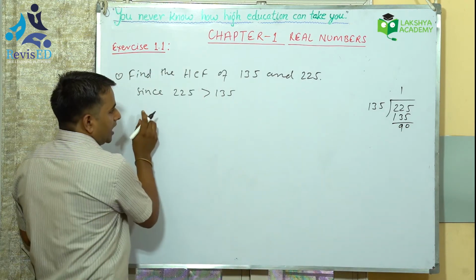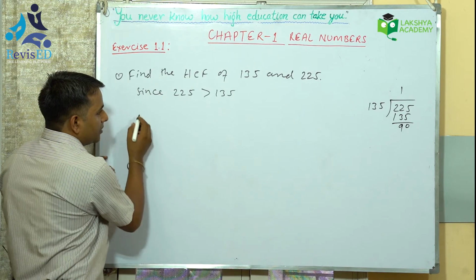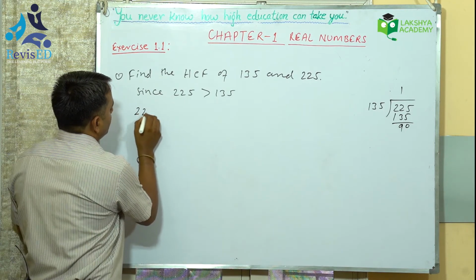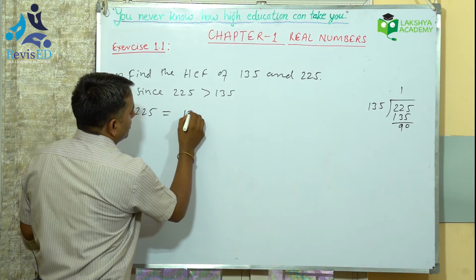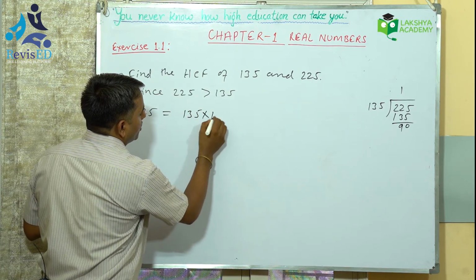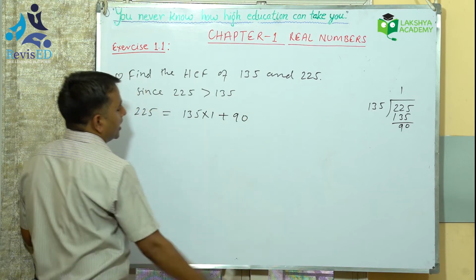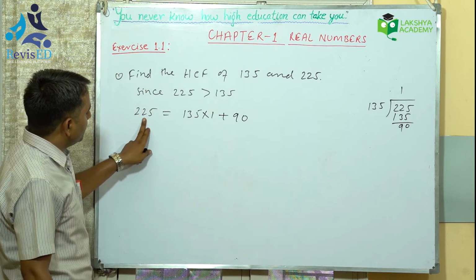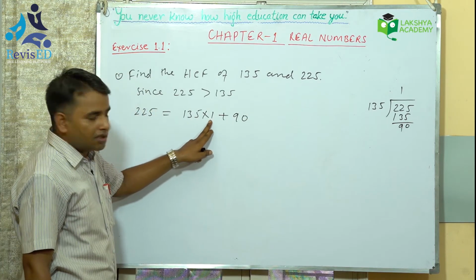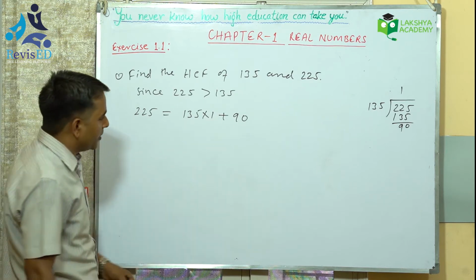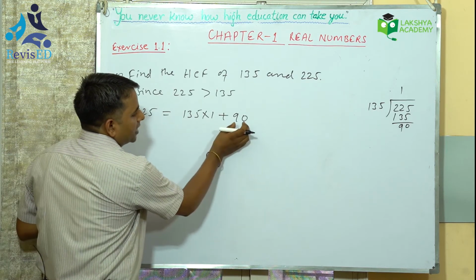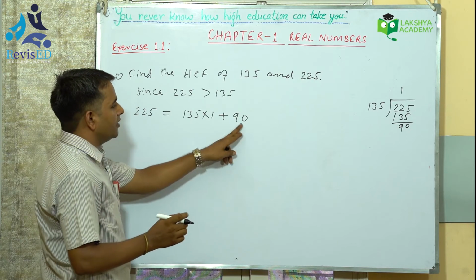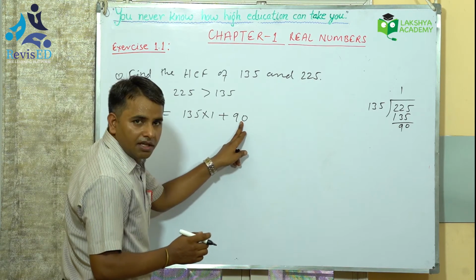So we can write it in the form of the division lemma: 225 equals 135 into 1 plus 90. This is dividend equals divisor into quotient plus remainder. Since the remainder is not 0, again we will divide the divisor by the remainder.